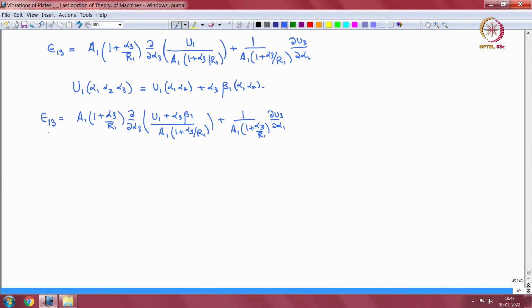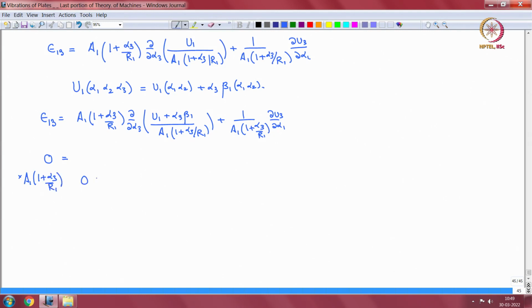Now this we are going to set as 0. Once we have 0, I can multiply by A1 (1 plus alpha 3 by R1) on both sides.